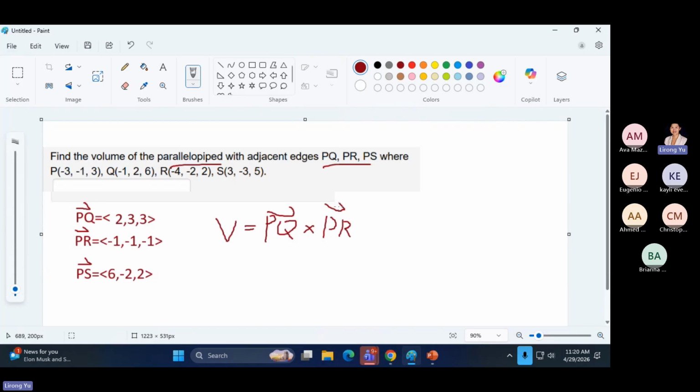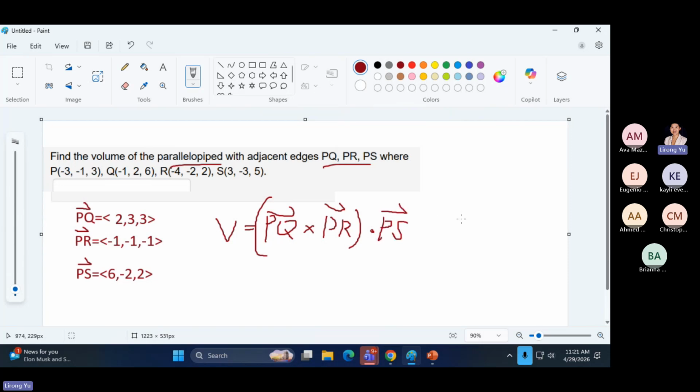You could do all cross products, I guess, but we're not doing that, we have a combination. So you do a cross product and then a dot product, dot PS.